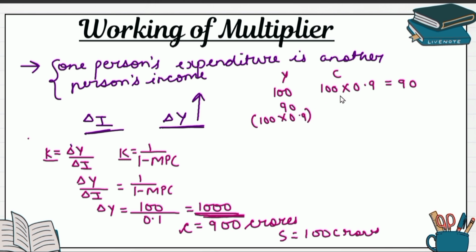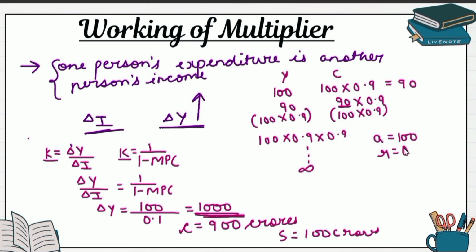It is 100 into 0.9. The consumption in the next round would be 90 into 0.9, that is 100 into 0.9 into 0.9 would be my next round's consumption, which means this process will continue.